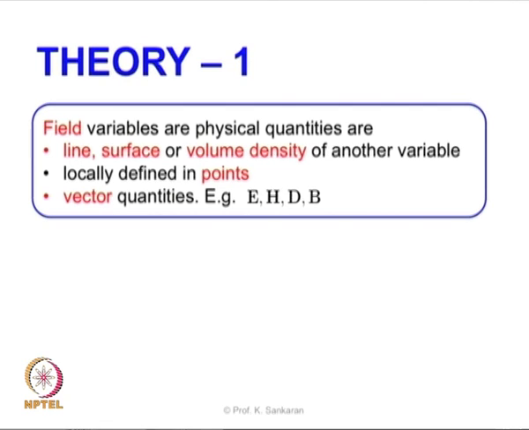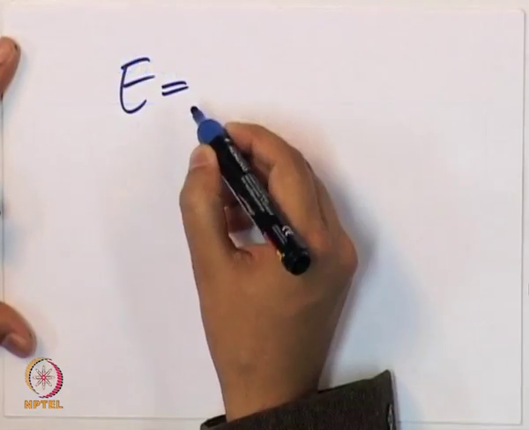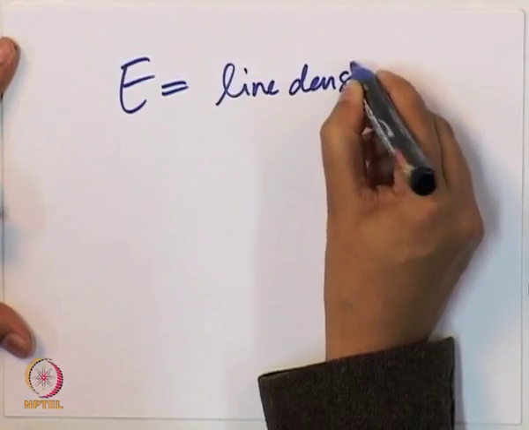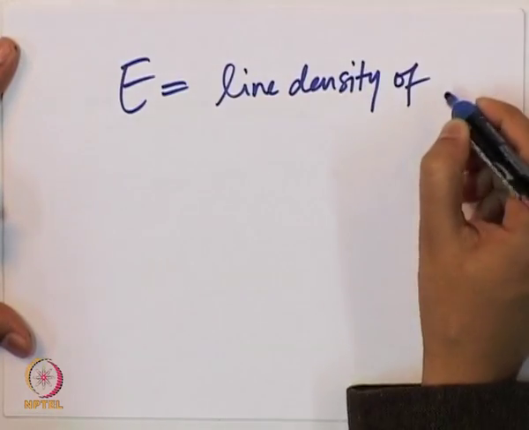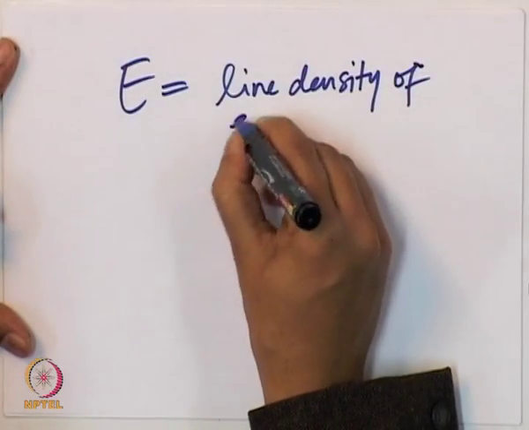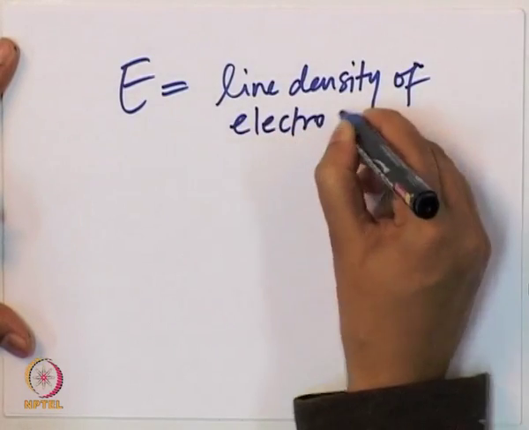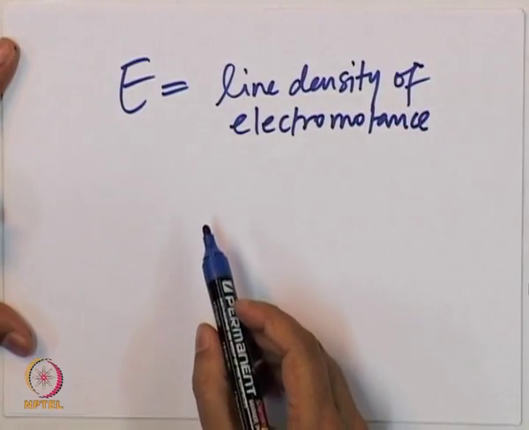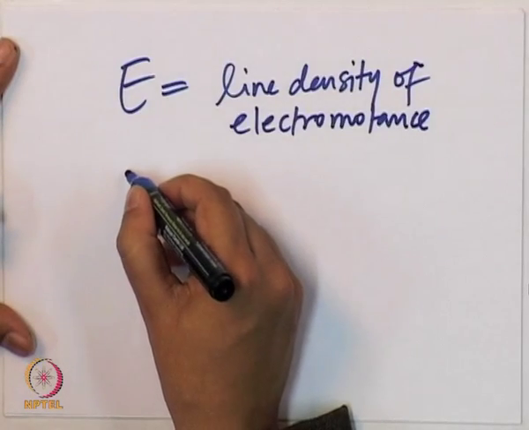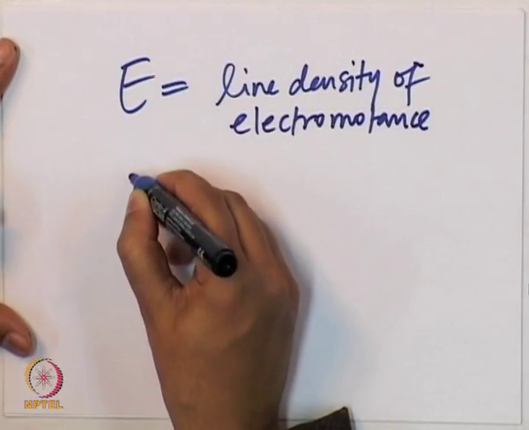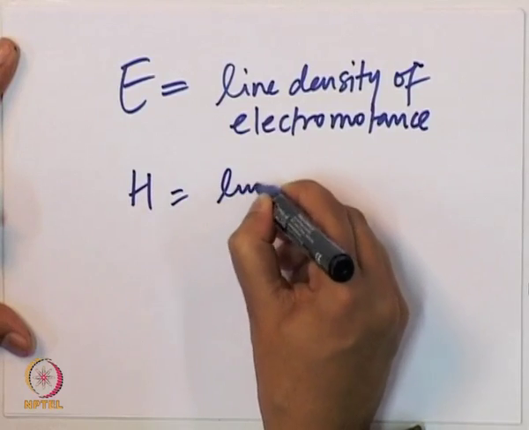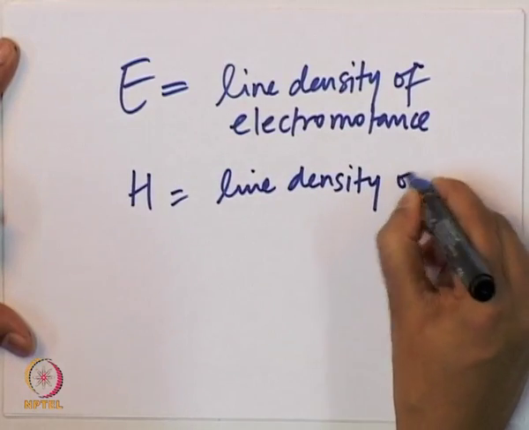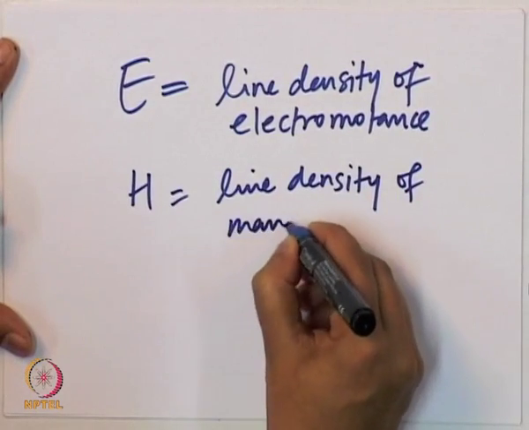So for example, electric field is the line density of electromotance, the voltage difference actually, and magnetic field is the line density of magnetomotance.